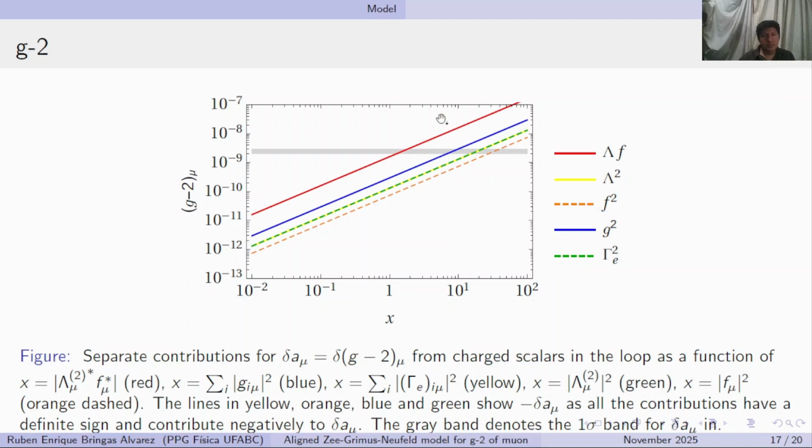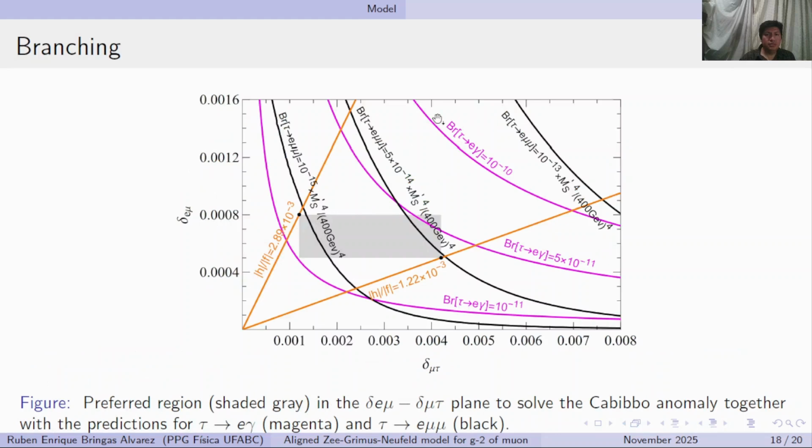At the same time, we are able to respect all the branching ratios that we need, as you can see in this graphic, where this is something we call deviation, and these are related to other couplings. This gray rectangle is a solution of the Cabibbo anomaly angle.